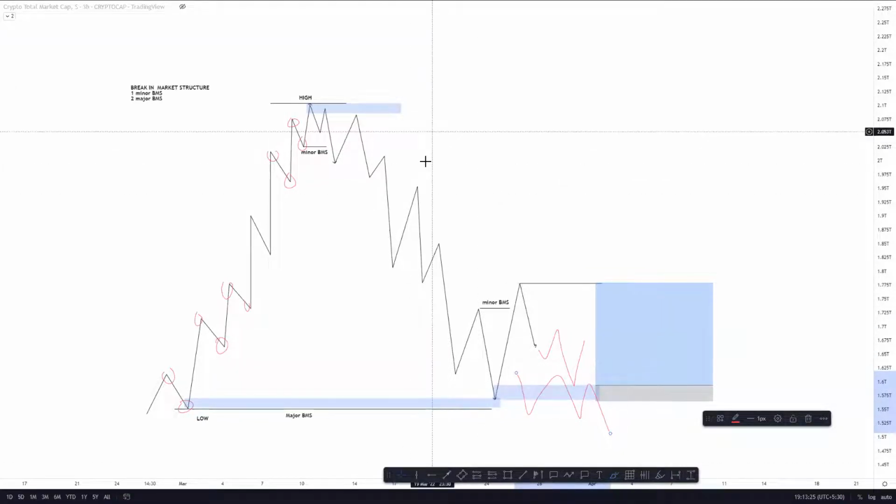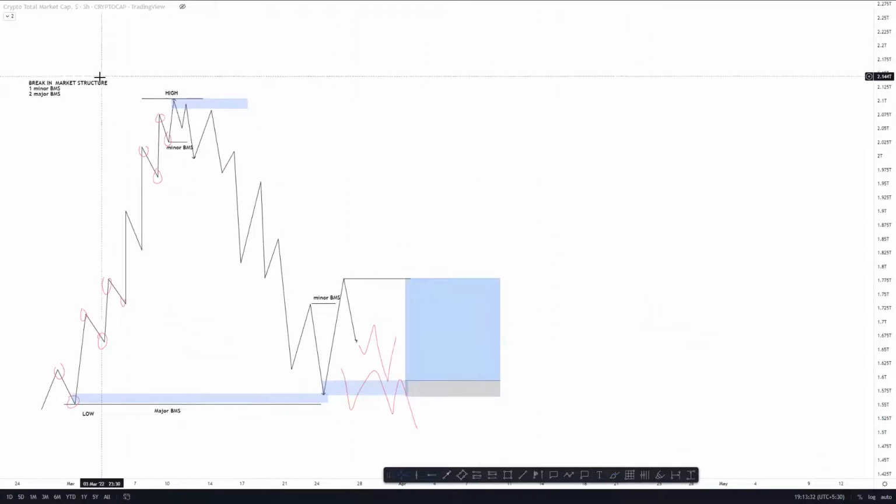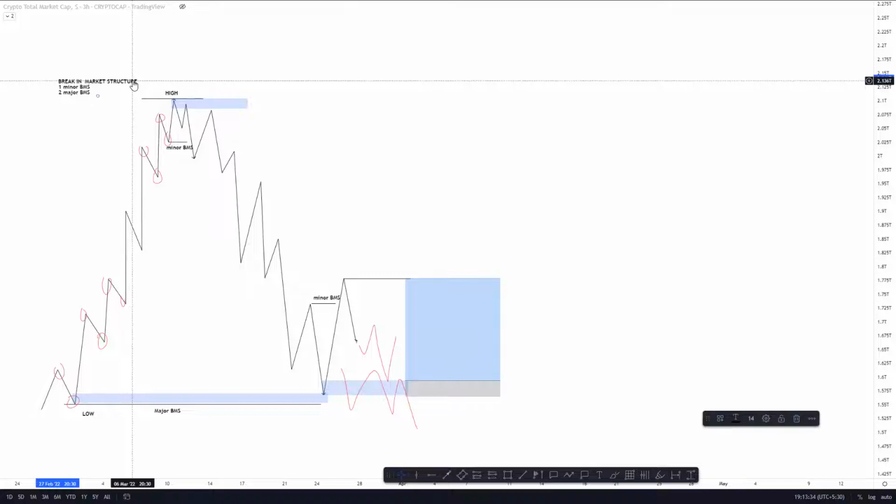What I was explaining here is break in market structure. What is break in market structure?